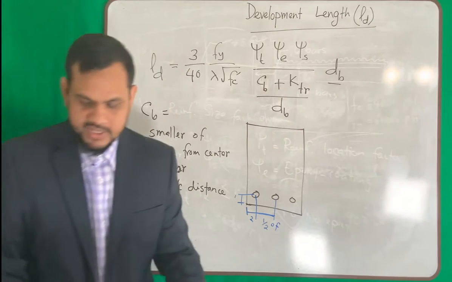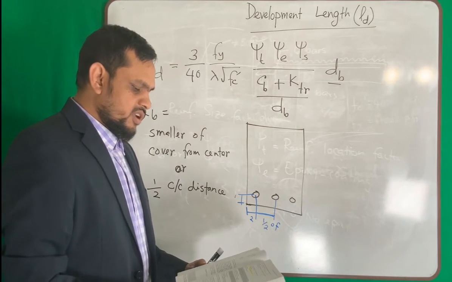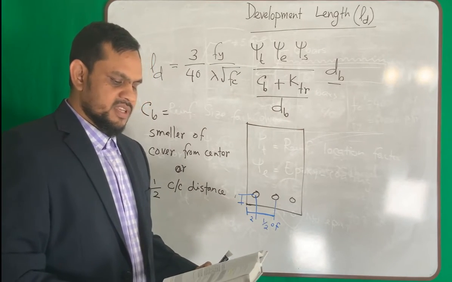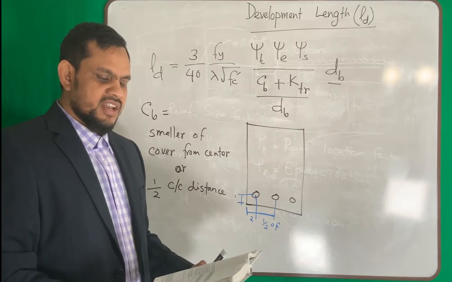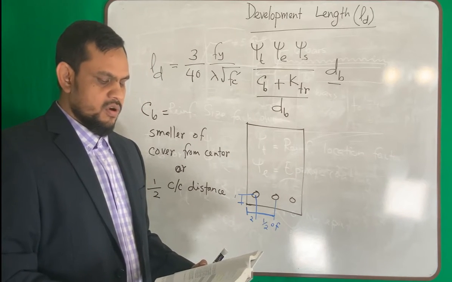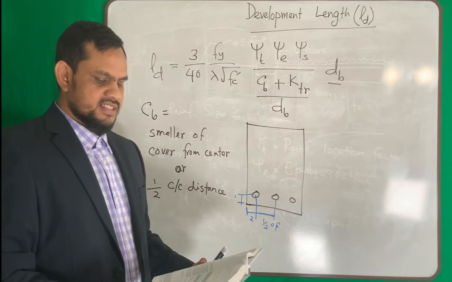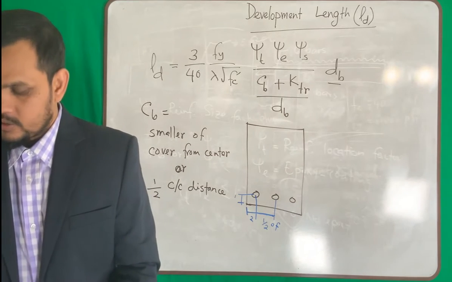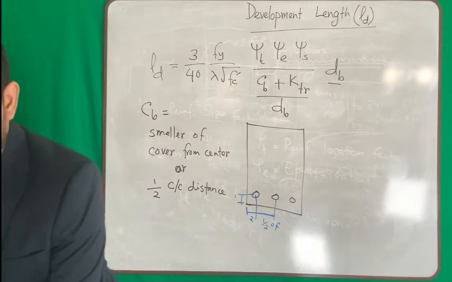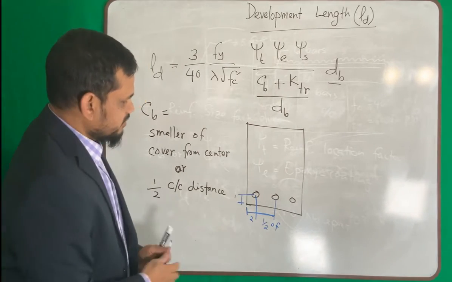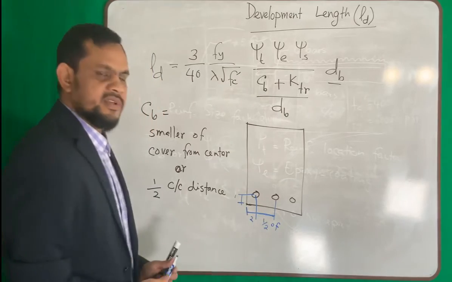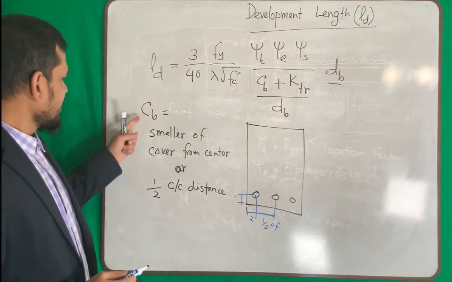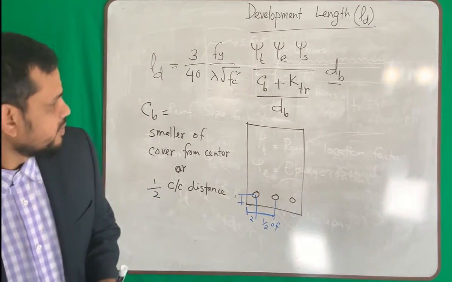If I read your book, it says use the smaller of either the distance from the center of the bar to the nearest concrete surface, or 1/2 the center-to-center spacing of the bars being developed. That means you consider this or half of this, whatever is smaller, that is your c_b. So it should not be a problem.